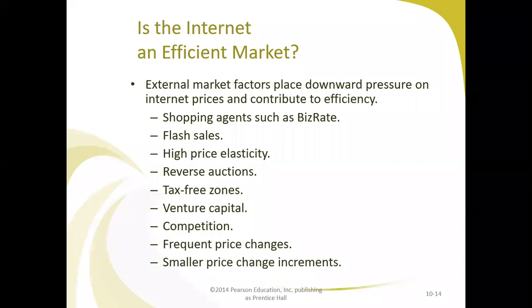Many people believe that the internet is an efficient market because of access to information through corporate websites. We can access it anytime, anywhere, because a huge amount of information is available there. Shopping agents are there, and distribution channels are there.